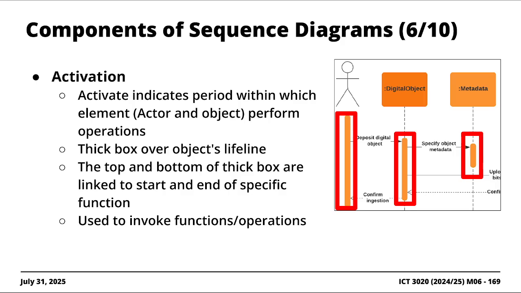Now, you notice here, if you look at the actor lifeline, not lifeline really, the actor activation, it's much, much larger than digital object and metadata. What we are saying here is the amount of time within which the metadata object is active is much smaller when compared to digital object. This is what the size of this rectangular bar means.